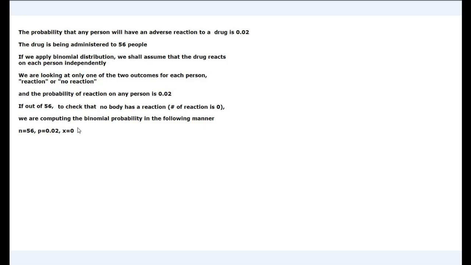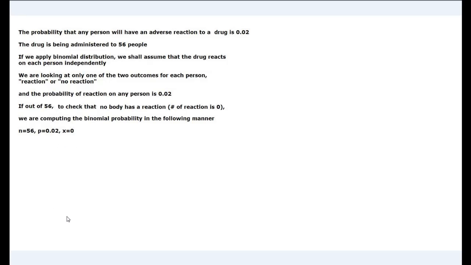Then we are computing the binomial probability where n is 56, the total number of trials, the probability of reaction in any trial is 0.02, and the number of reactions is 0.